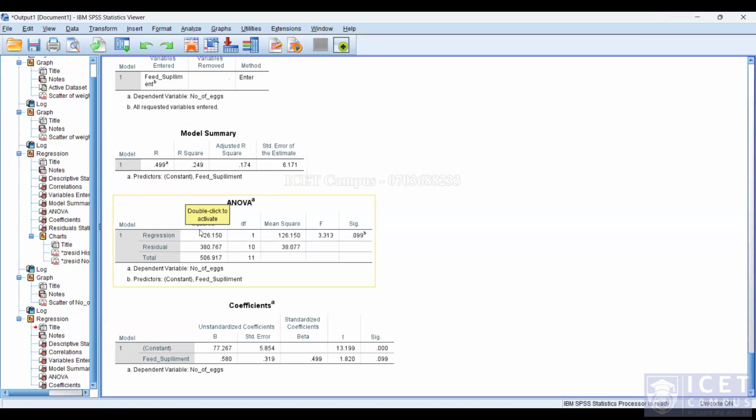So anyhow, here we can see that this is actually again significant. Then when it comes to the coefficients, the dependent variable is number of eggs.